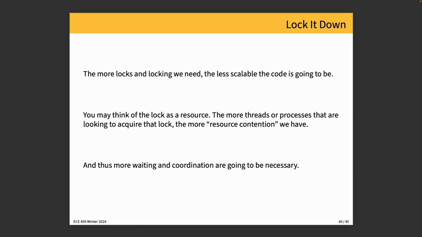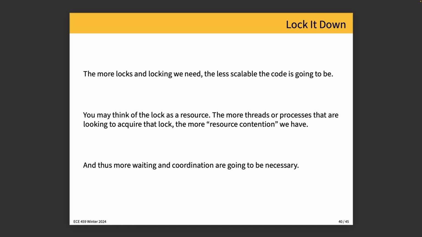We're going to talk some more about this shortly, but if we think back to a concurrency course and a lot of discussion of locking, the more locks and the more locking that we need, the less scalable the code is going to be. This happens because locks are resources, and they protect various resources as well.